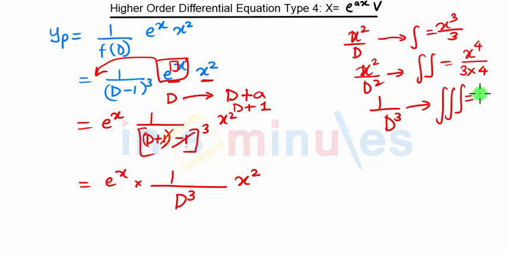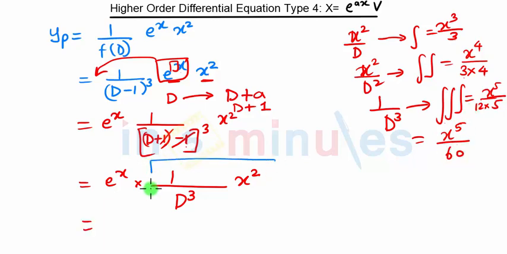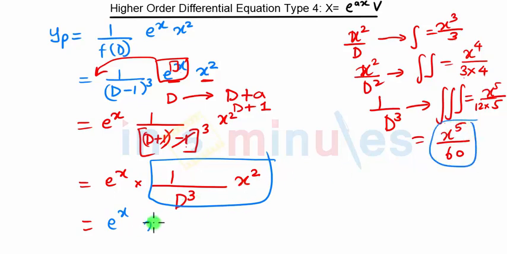Then we take the third integration, which will be x raised to 5 upon 5, and this 3 into 4 will remain as it is, which is 12. So 1 upon D cube is nothing but x raised to 5 upon 12 into 5, which is 60. So this term is nothing but e raised to x into x raised to 5 upon 60.